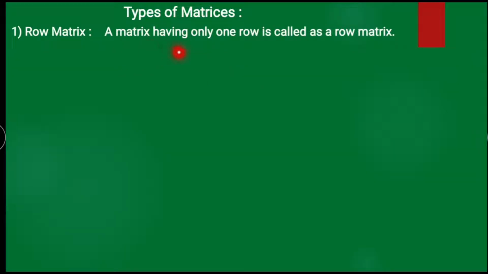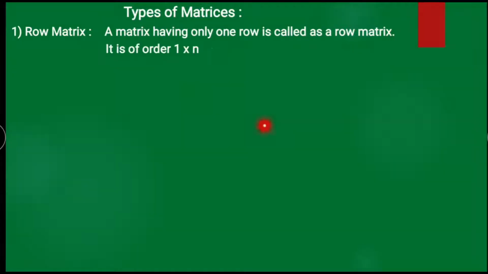Now the next important topic of this chapter is types of matrices. So see the first type, the row matrix. A matrix having only one row is called a row matrix. That means if a matrix contains only one row and any number of columns, then that type of matrix we call a row matrix.